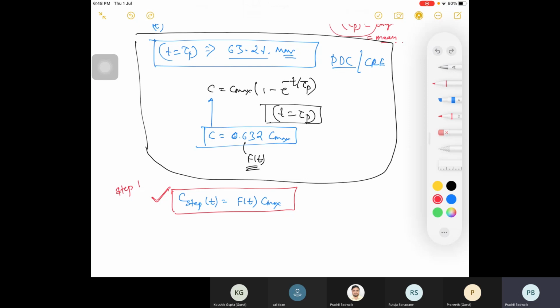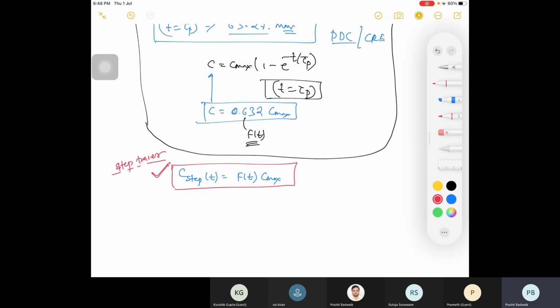Using this only you will get your F of t and E of t curves, which are similar for any single reactor. I am saying C of t may be different.